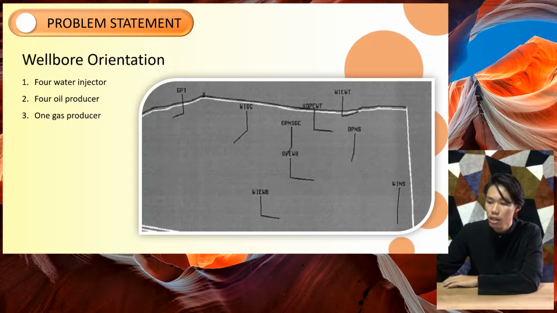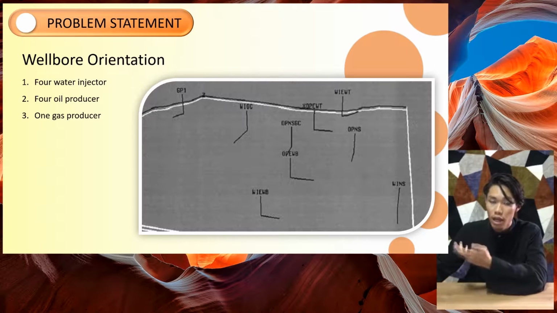So we can see here that the water injector is injecting between the gas producer and the oil producer, which means that it is being injected at the gas oil contact. Plus, the water is also injected at the boundary of the reservoir. So this will provide the energy for the production of the oil and the gas.